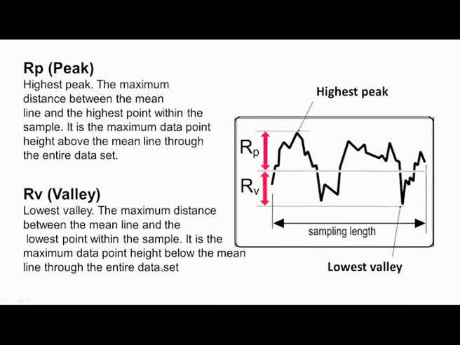Now, coming to the next parameter, this is Rp. This is the highest peak, the maximum distance between the center line and the highest peak is termed as Rp within the given sampling length. Also, the distance between the center line and the lowest valley is known as Rv value.